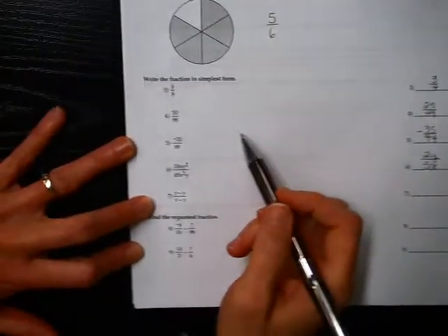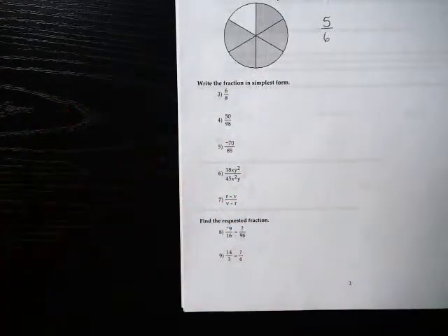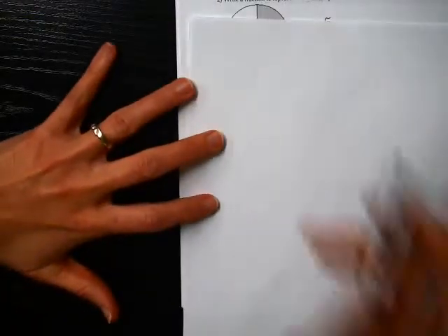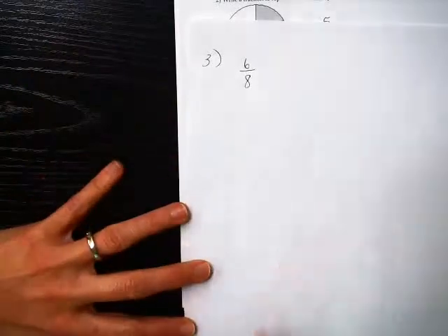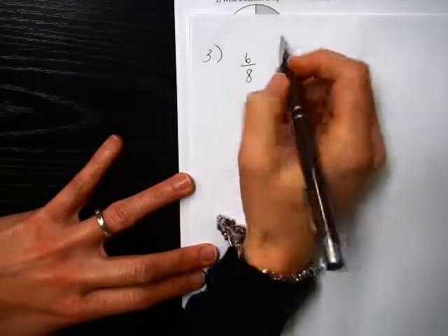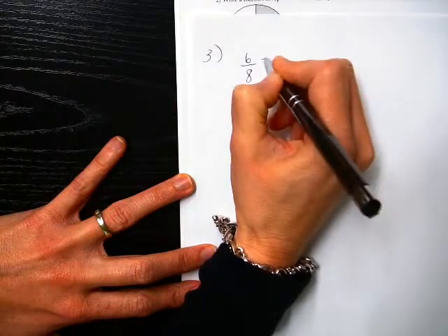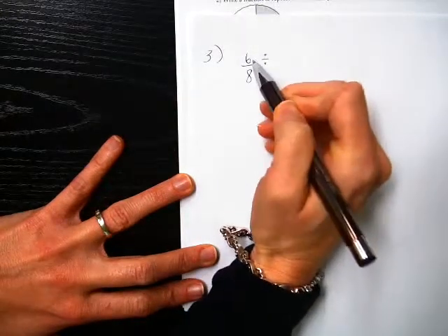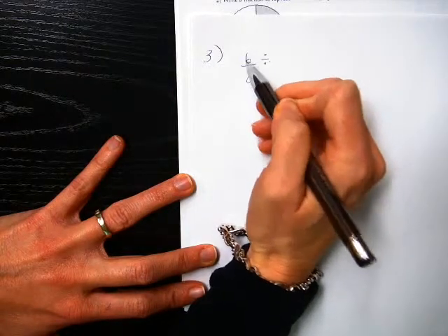Okay, so let's go to number 3 and write the fraction in simplest form. We start with something pretty simple, which is 6/8. For 6/8, we know that we need to divide the numerator and the denominator by the greatest common factor for 6 and 8.